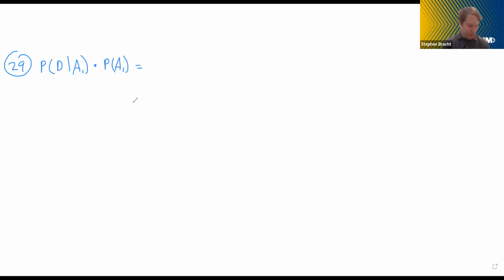And the probability you'll see there is 0.6. And then for probability of A1, you just look at the branch labeled A1 and look at the probability corresponding to that, which is 1/2. So this is equal to 6/10 times 1/2, or 6/20 or 3/10, or you could write that as a decimal as 0.3 if you want to.